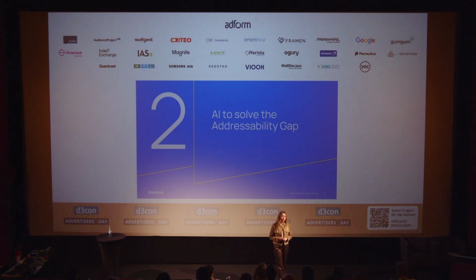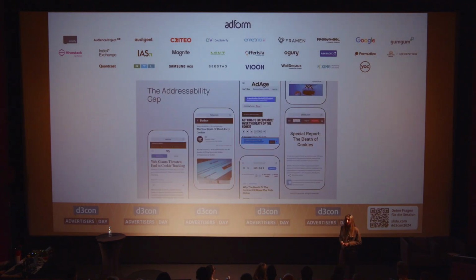how AI can be used to solve the addressability gap. I think we can all agree that there is definitely a challenging time that's coming ahead. Actually, we are already in it. The deprecation of the third-party cookie is basically just the last part, but we have privacy regulations, etc., that have already impacted our industry in the past.